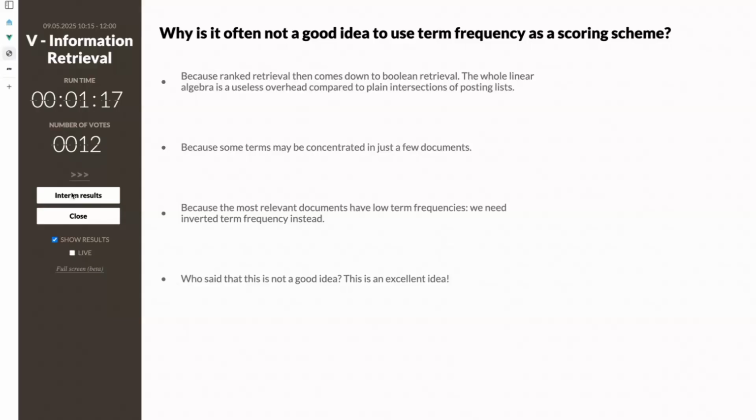So remember, term frequency is what we denoted as TF, and it has two parameters in the subscript, a term and a document, and it is the number of times that said term appears in said document.